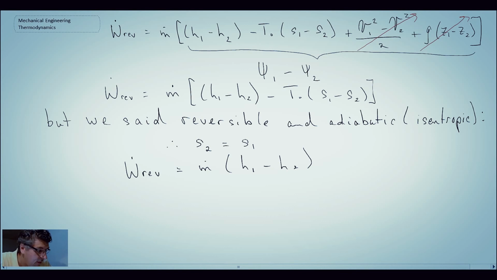And if you look even at the first law and compare it, let's take a quick look at the first law for an open system. We would have written it as follows.